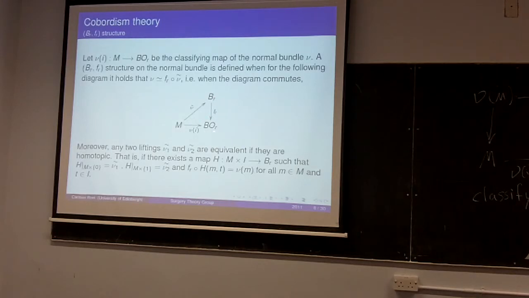So if I have a classifying map from M to the infinite Grassmannian, what I want is that this map lifts to this mu tilde here. And we consider that any two liftings are equivalent if they are homotopic. Down here, you have some more details.